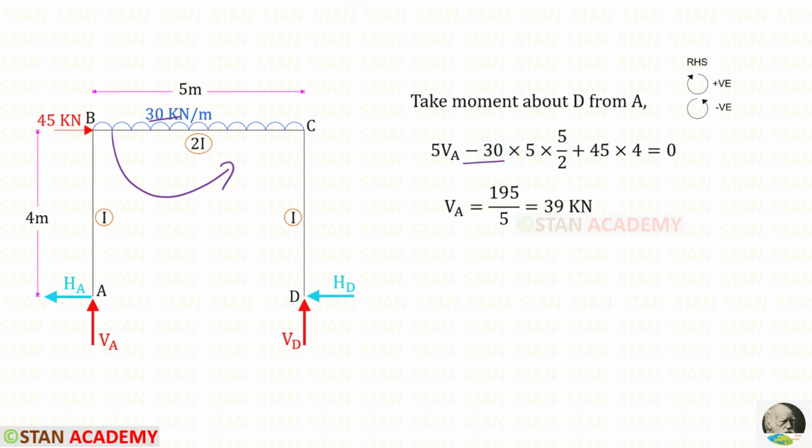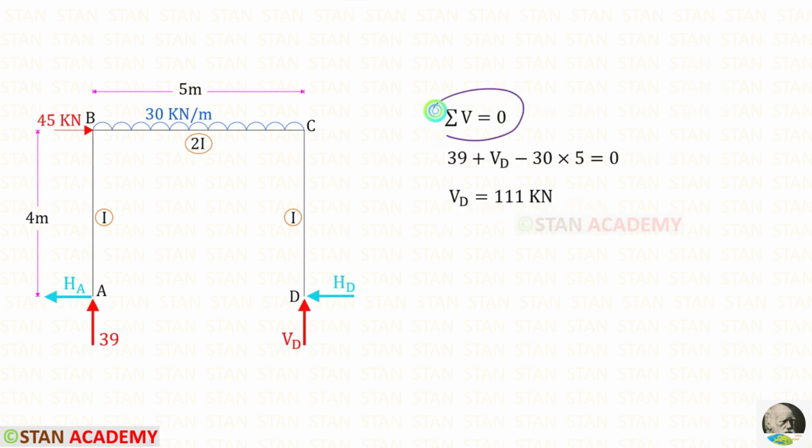We know that with the UDL we have to multiply the load by the distance and then the distance by 2. The nodal load 45 kN is acting in the clockwise direction, so it will be positive and the distance is 4. For VA we will get 39 kN. By applying this rule, we can find VD. For VD, we will get 111 kN.